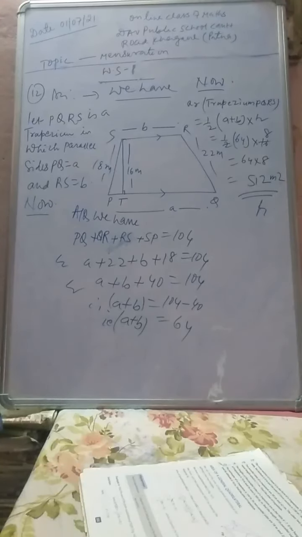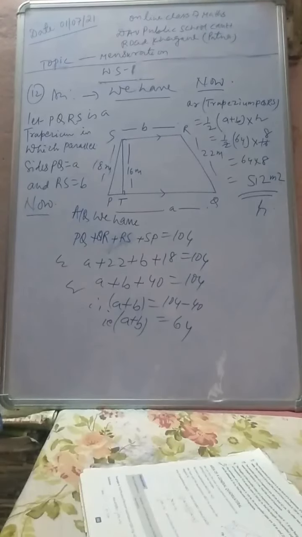I have solved question number 12. It is given in the question that PQRS is a trapezium in which parallel sides PQ is equal to A and RS is equal to B. Now it is given that the perimeter of the trapezium is 104 meter.